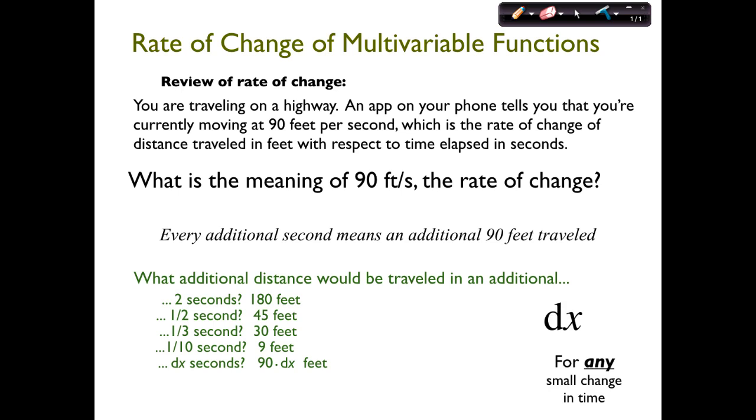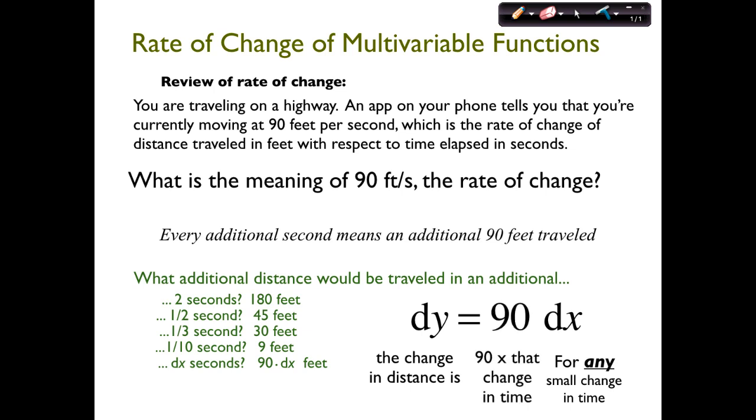So here's the deal. This is what we're going to practice over and over again. For any change in time, the change in distance is 90 times that change in time. That's a good way to frame the meaning of the constant rate of change of 90 feet per second.